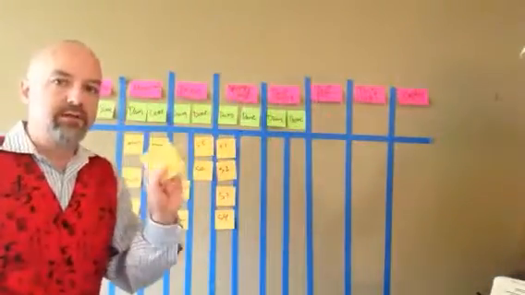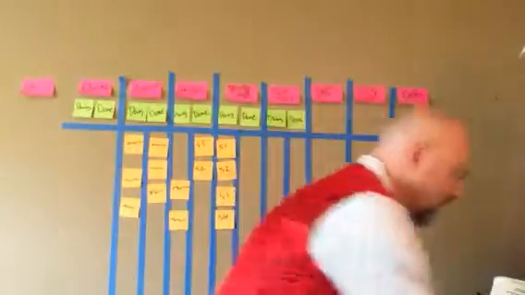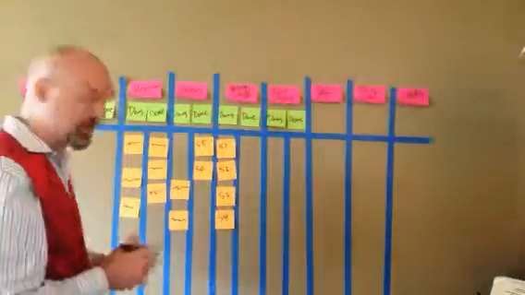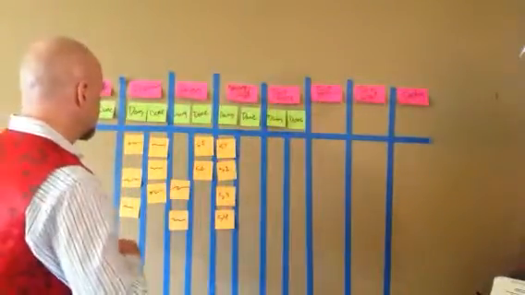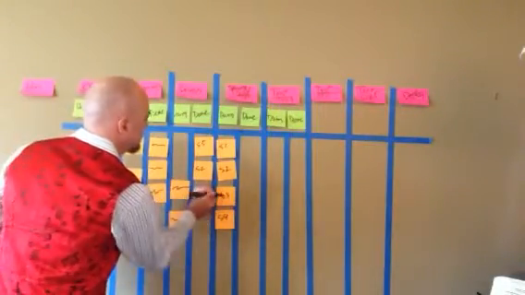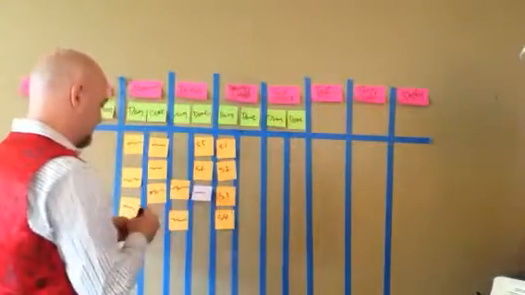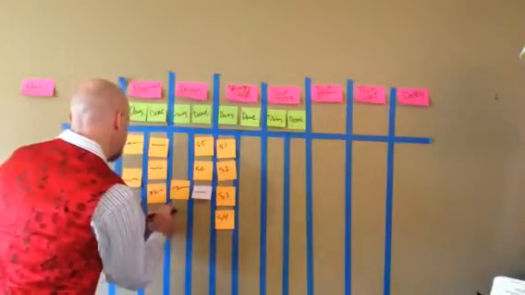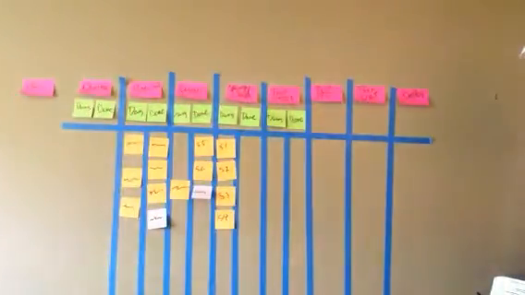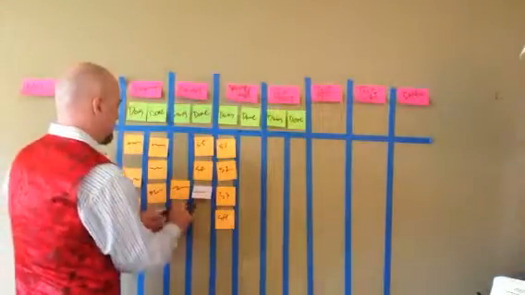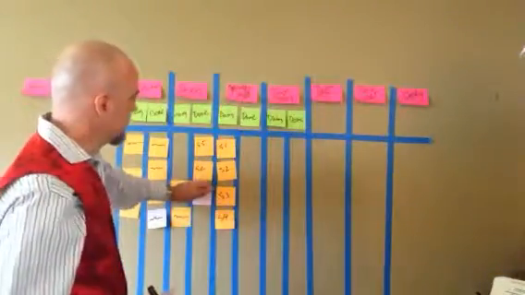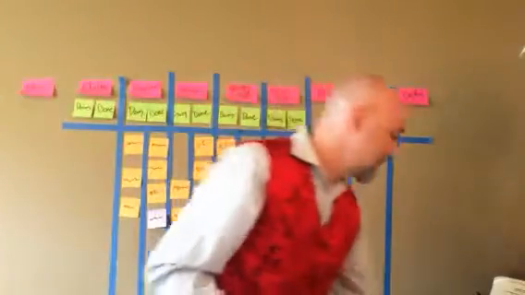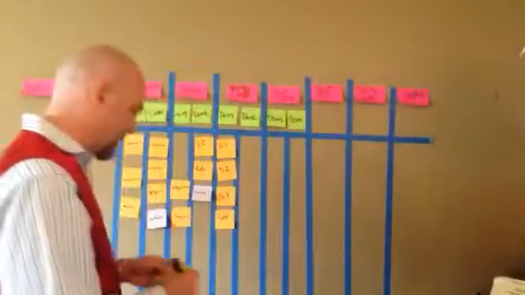I might use different colored sticky notes for different projects if the team is working on multiple projects. So I could see their architecture here and doing some design work on these stories. So you can start to understand where things are in the flow.